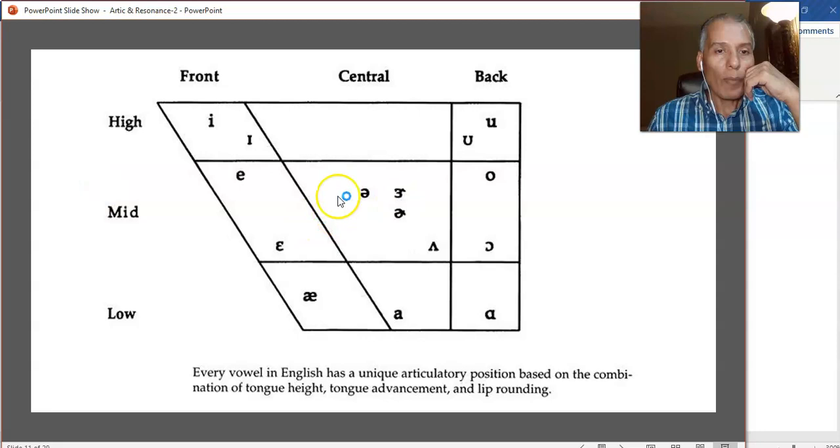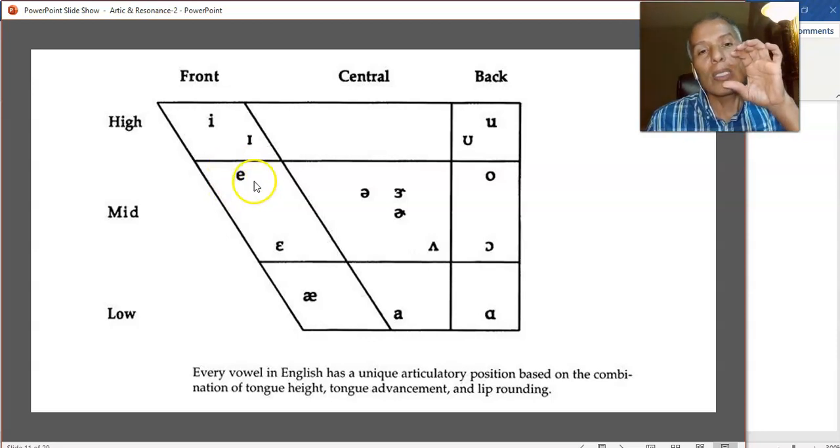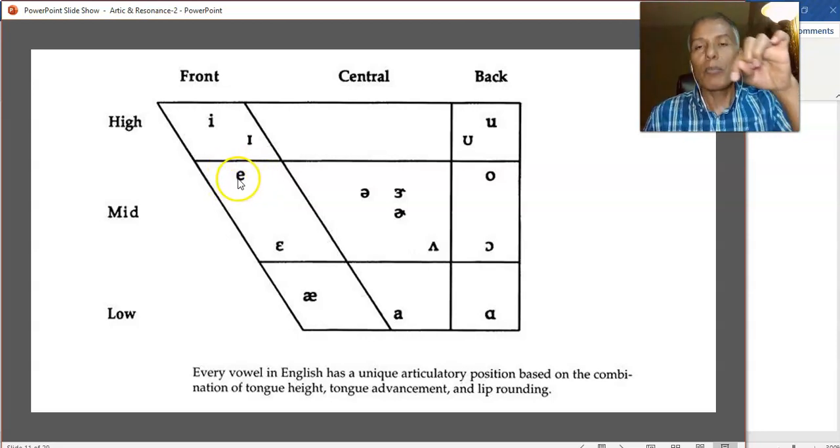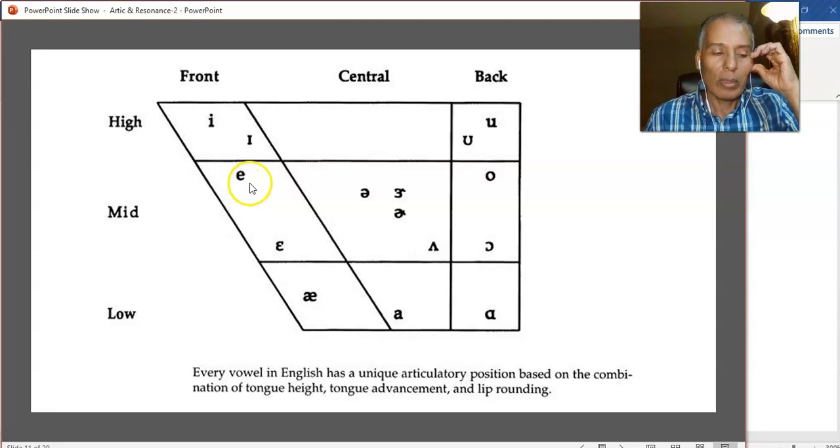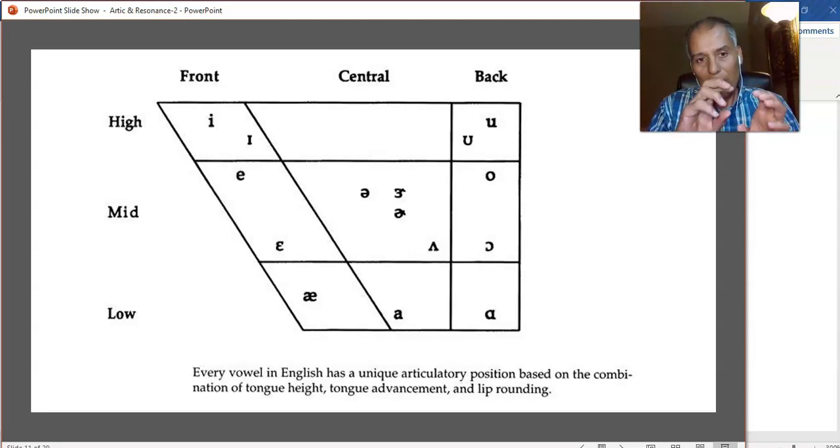Other examples. When you say day, that's exaggerated. This becomes a diphthong. But if you have any day of the week, you're going to find it in the second part of that name. So when you say Friday, you don't say it long, you say Friday. So that becomes shorter. So this sound is found in Friday, Saturday, Monday, the rest of the days. Anywhere you have a two syllable word, and this comes in the part of the word that's not stressed.